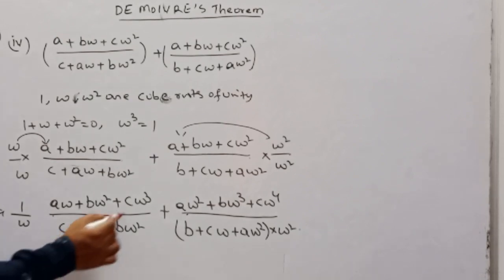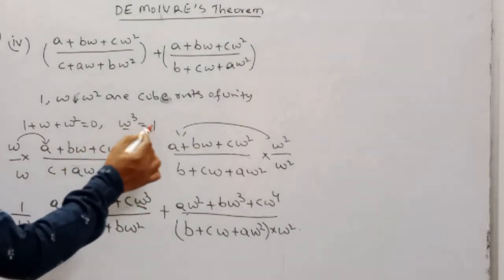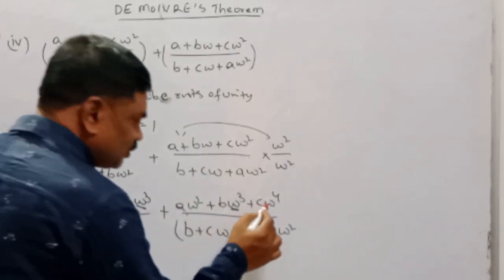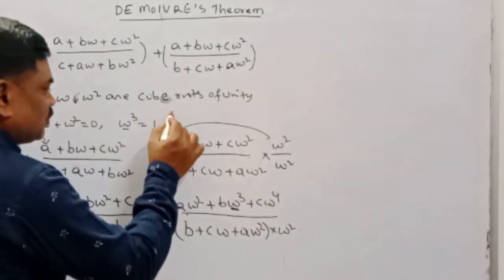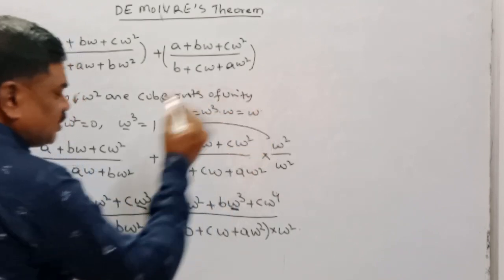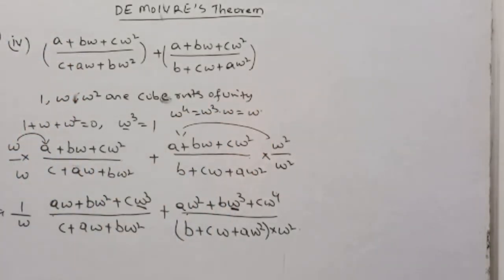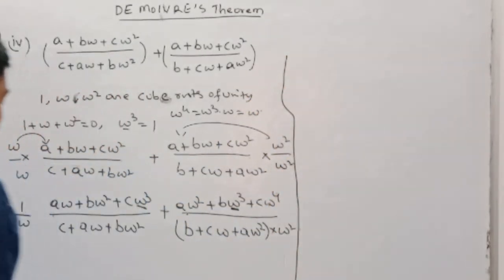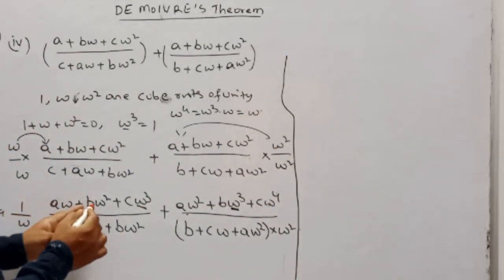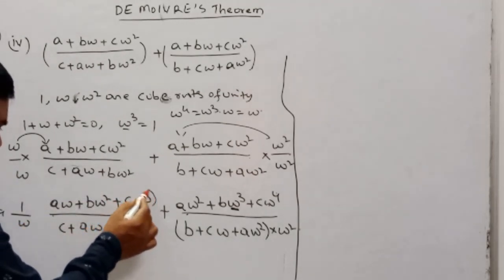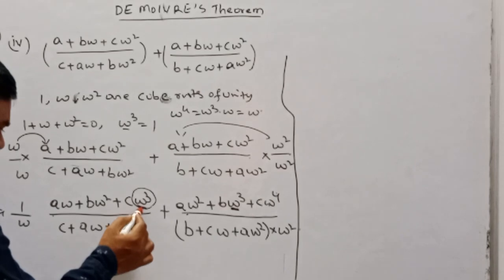Here what is omega cube? Omega cube is equal to 1. Omega power 4 is equal to omega cube into omega, which is equal to omega. Then you have to substitute these values. So a omega, b omega square, c omega cube, this is 1.